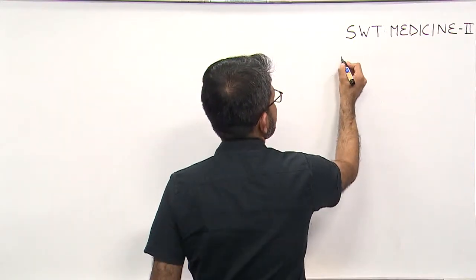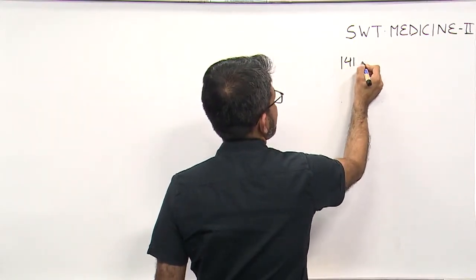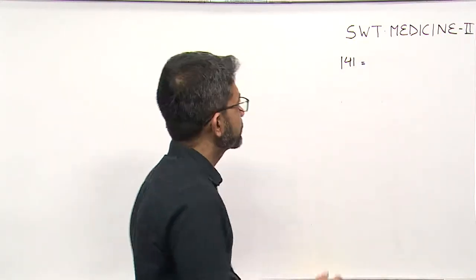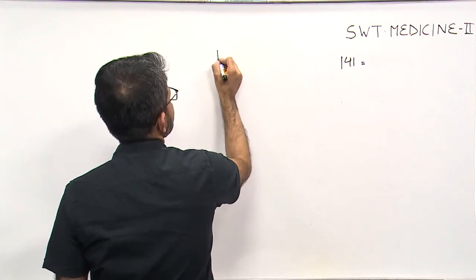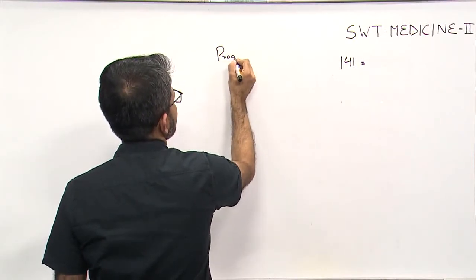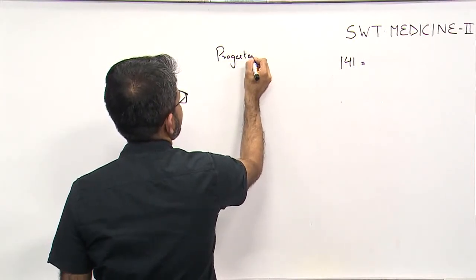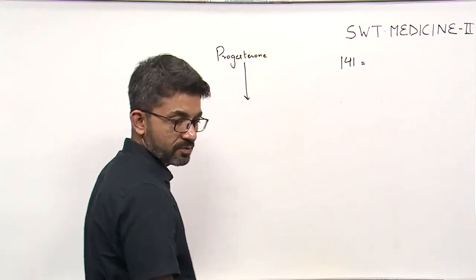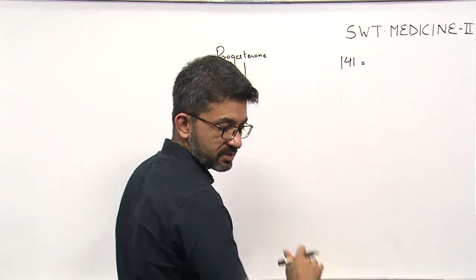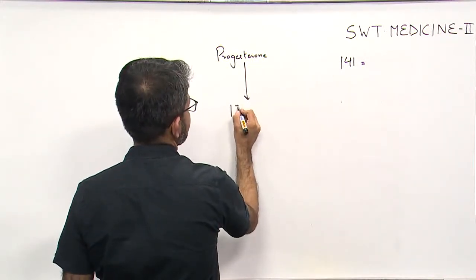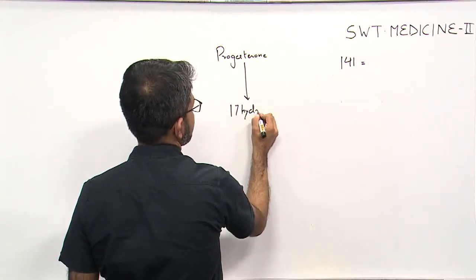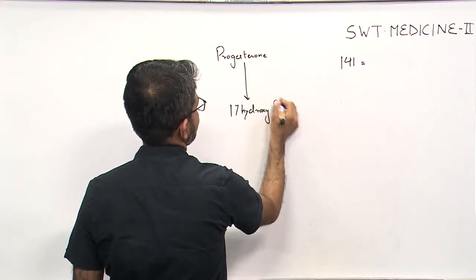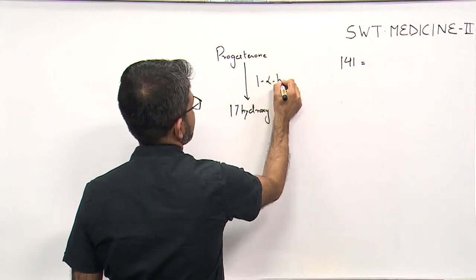1-alpha hydroxylase deficiency. See, progesterone is converted into 17 hydroxyprogesterone with 1-alpha hydroxylase.